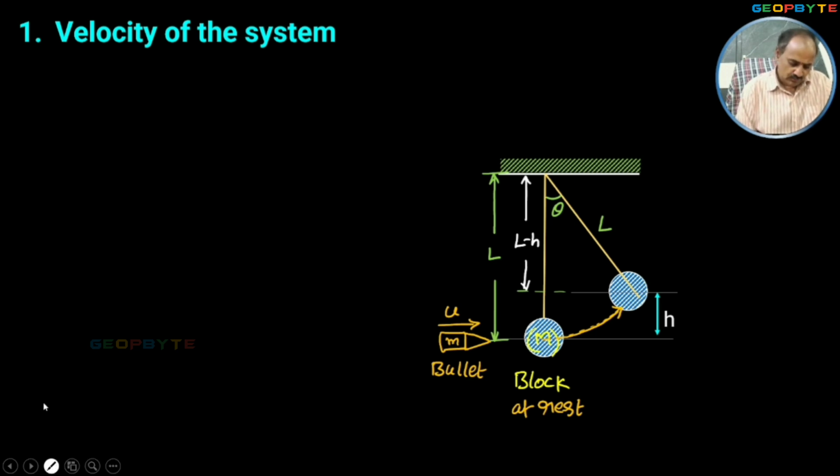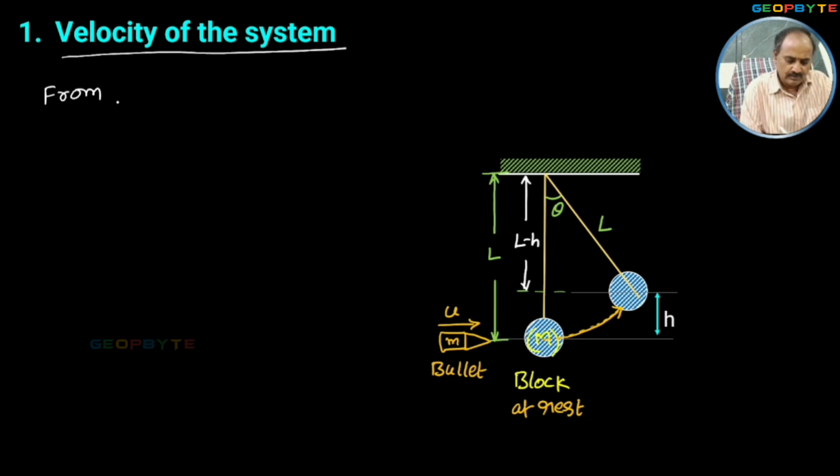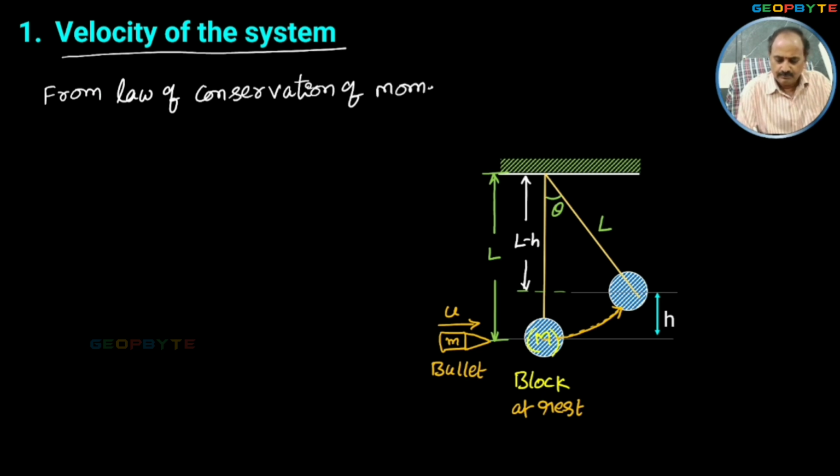The velocity of the whole system can be decided by the law of conservation of momentum.